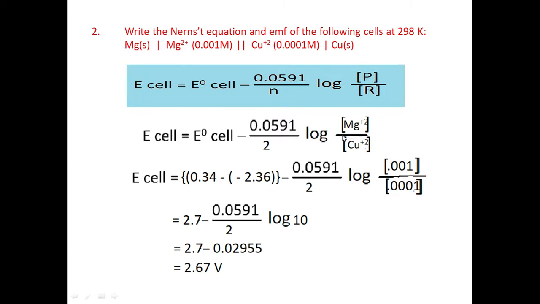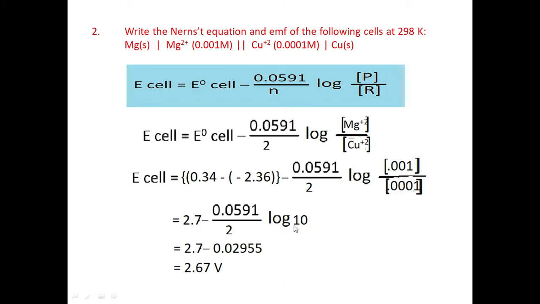So you have to write here Mg2 plus. Why do we not include the solid magnesium? Because in the equilibrium expression for Kc, we take the magnesium concentration as unity because its physical state is solid. So magnesium is on the product side and Cu2 plus on the reactant side, by putting in these ion concentrations.